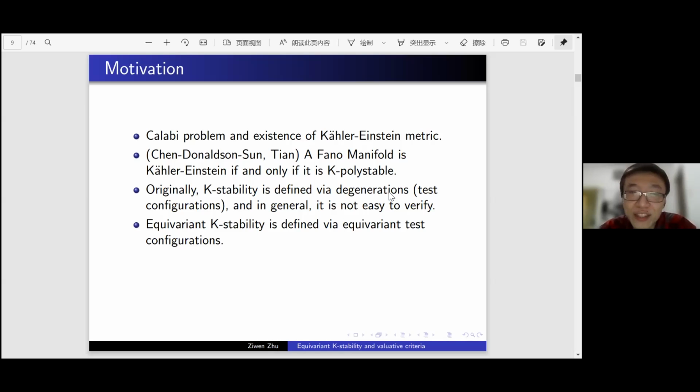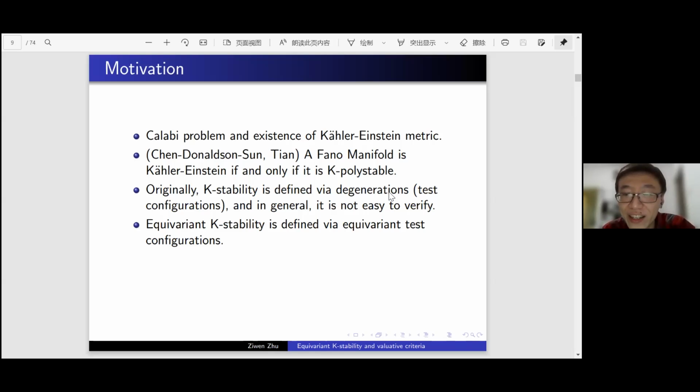Then we have this notion of equivariant K-stability. For a variety with some sort of symmetry, we can try to work with the equivariant version of everything. If we have a group action on the variety, we can look at a smaller class of test configurations with the induced group actions, which we will call equivariant test configurations.